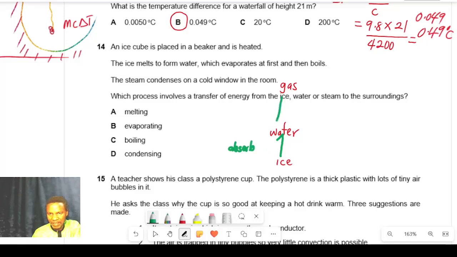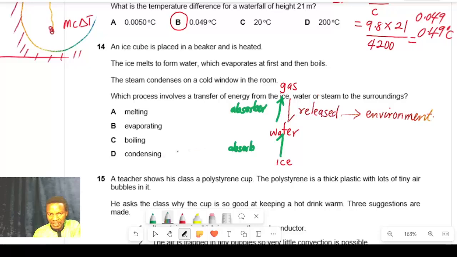Then it goes to gas, and energy is also added to the water. Then if the gas condenses to water, energy is released. So the steam condenses on a cold window in the room, and this one will release energy to the environment.